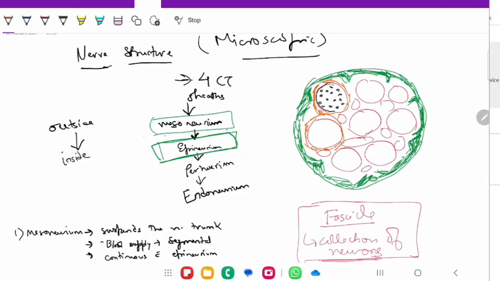And just like that, it covers all the fascicles. Then inside epineurium is the perineurium, and inside perineurium is your last layer, endoneurium, which covers the individual nerve fibers.